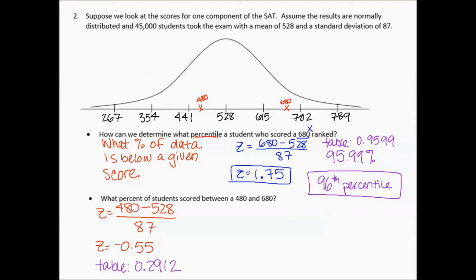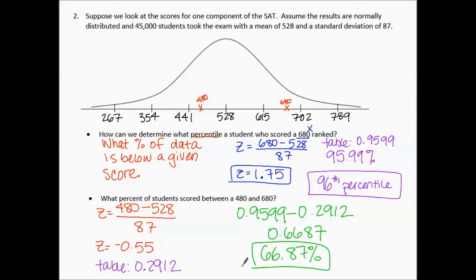So we already found the table number for 680. That was 0.9599, and we want to subtract the number that we got when we looked up the z-score for 480, which was 0.2912. So if we subtract those, we get 0.6687. So that means that 66.87% of people scored between a 480 and a 680.